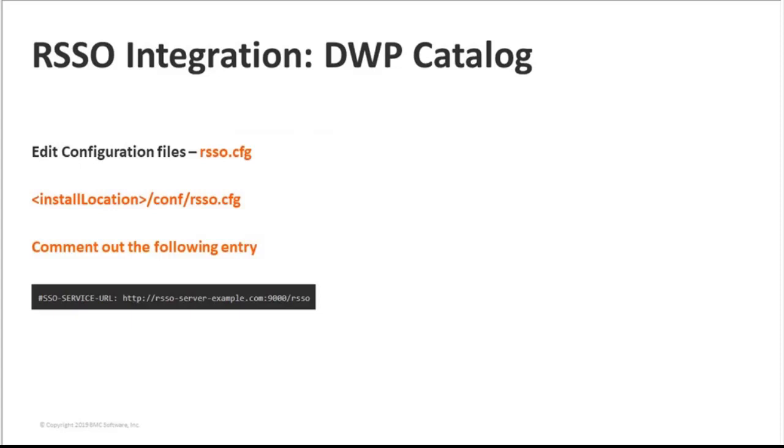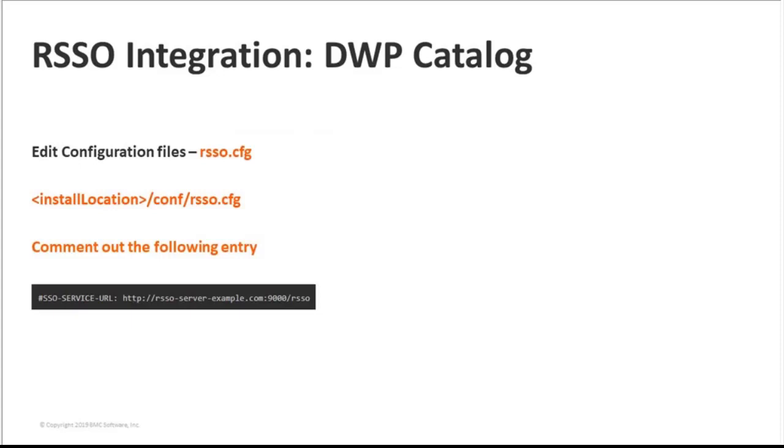Okay, and unlike in the AR server integration that we saw, where there is an RSSO.cfg file and we have to populate the SSO service URL there with the Remedy SSO server, in case of DWP service broker, you have to comment out the SSO service URL.